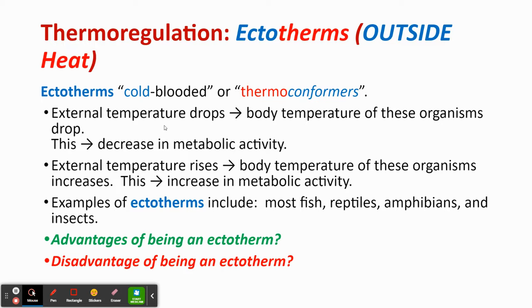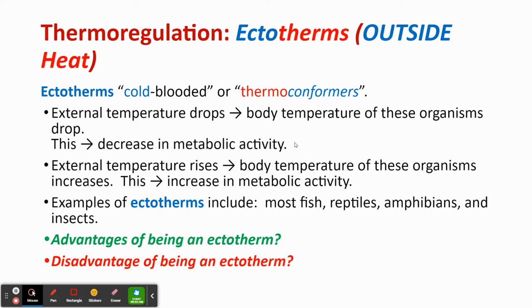Of course, when the temperature drops, their body temperature drops, which leads to a decrease in their metabolic activity, which we measured in the pivot lab by looking at the amount of CO2 being produced. At cold temperatures, the ectotherms produce very little CO2, but as we increased that external temperature, we saw that the amount of CO2 being produced increased, and that was a measure of metabolic activity.